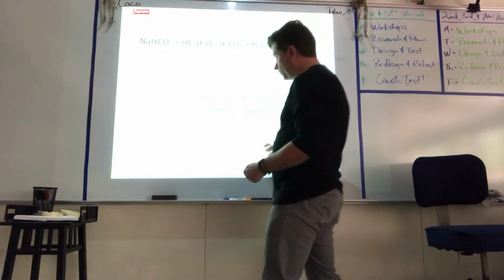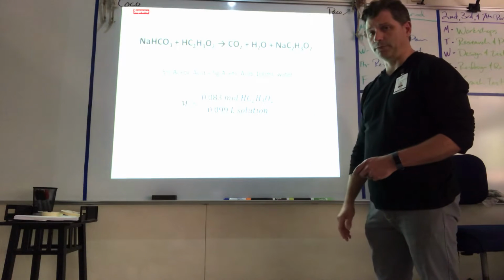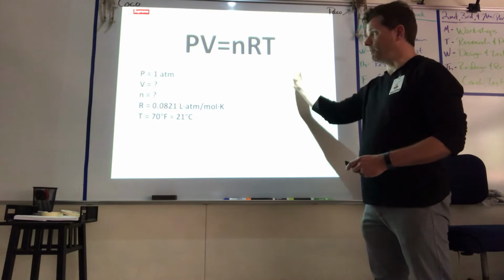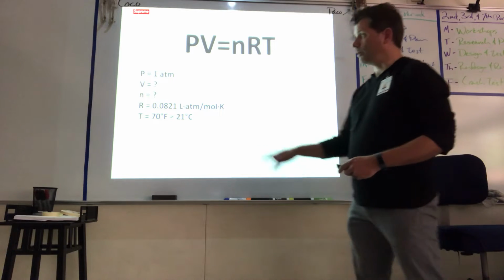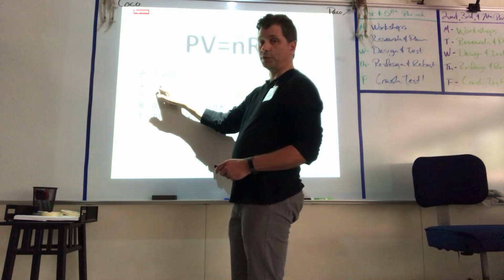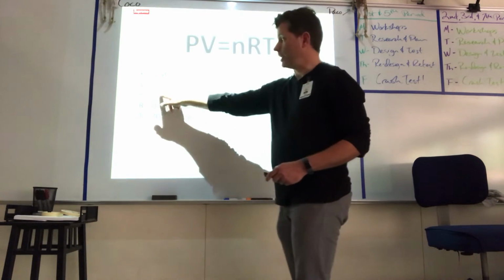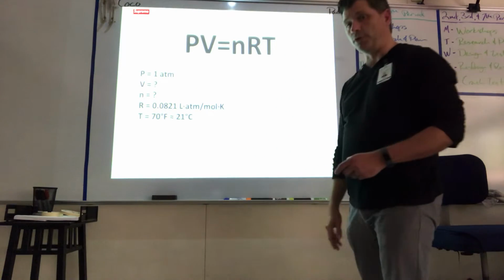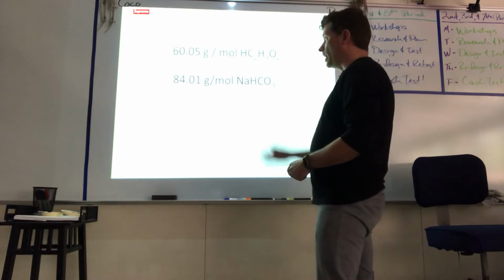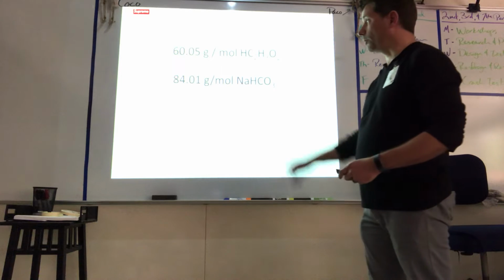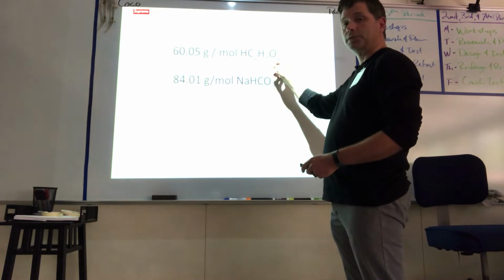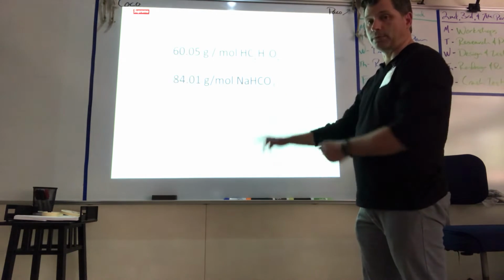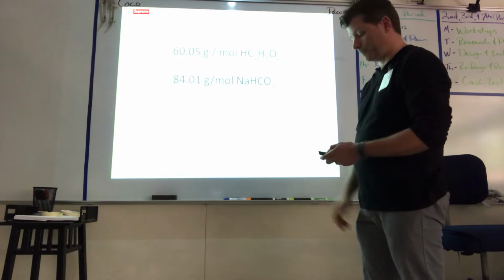Here's that molarity that I gave you, and here's the PV = nRT. The volume was something that you had to come up with, and the number of moles is something that you need to determine. And this was helpful for you: the molar mass of acetic acid, the molar mass of sodium bicarbonate or baking soda.